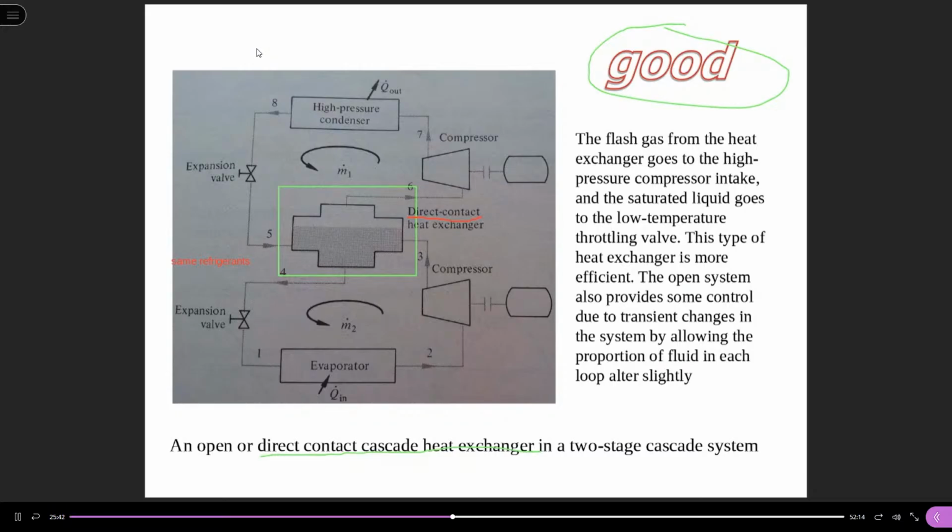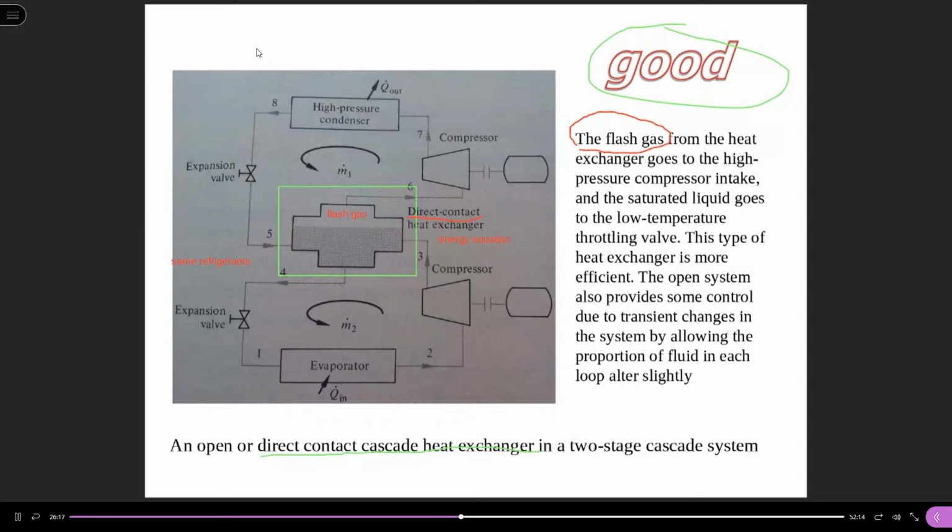So in the direct contact heat exchanger, the vapor we call the flash gas or the flash vapor. So the flash gas from the heat exchanger, we can see this is the flash gas. The flash gas will enter, okay?